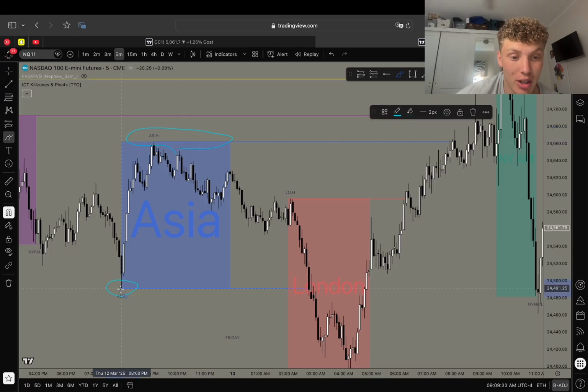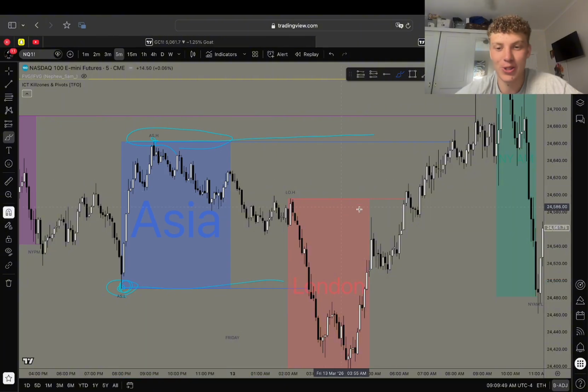So when Asia market opened at 8 p.m. here, this was the lowest point the whole market got to, and this was the highest point the whole market got to in Asia. These are very, very good draws on liquidity throughout New York session. This is why we have it on. So we have very good, strong draws on liquidity.